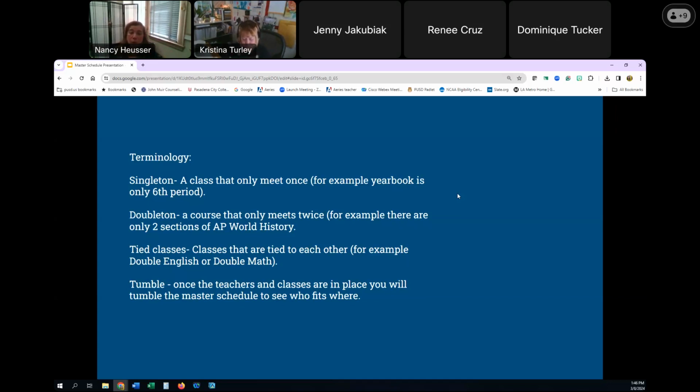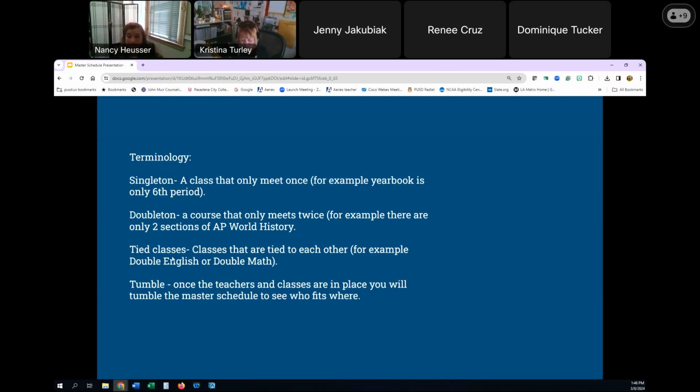A doubleton is also a course that meets only twice, or rather you only have 2 sections of it. Let's just say you have 2 sections of AP World and you only have 1 section of the math. Make sure that if they do conflict, at least kids could get into that other section and that other section doesn't conflict with other classes.